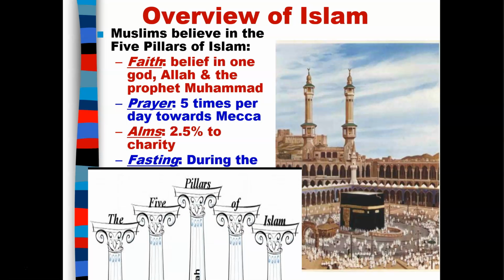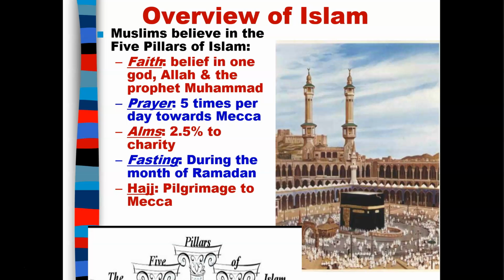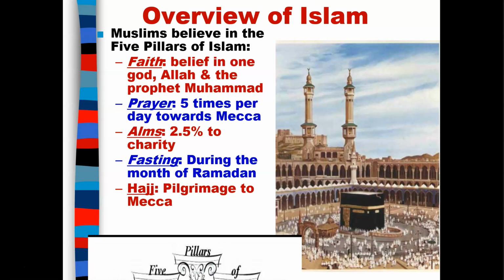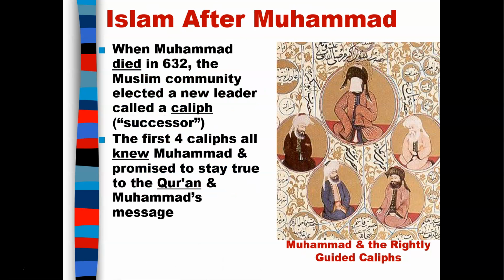The third one is alms, a 2.5% donation basically to charity. The fourth one is fasting during the month of Ramadan. And the last one is Hajj, the pilgrimage to Mecca. These are the 5 pillars of Islam. Please make sure that you remember them.